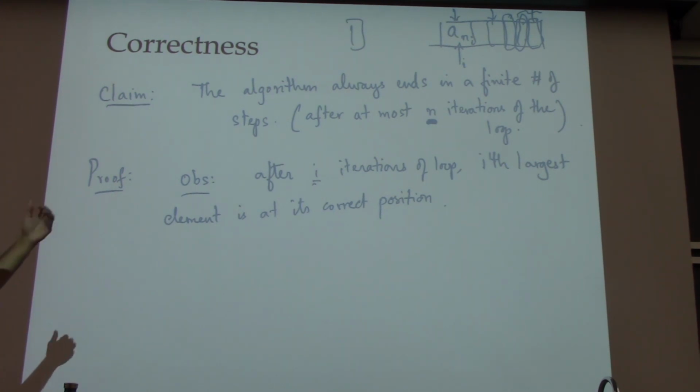Yeah. So you've got to say that that doesn't happen, to be formally correct. So all you've got to say is that the ith largest onwards are in their right position. I'm just trying to point out that you've got to have the statement precisely right before you actually prove it.